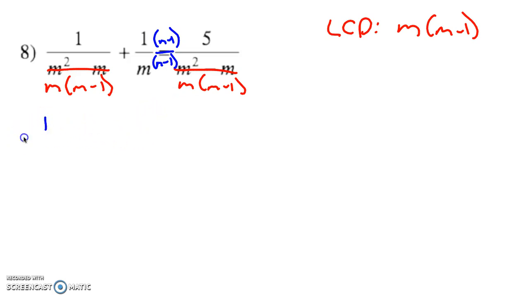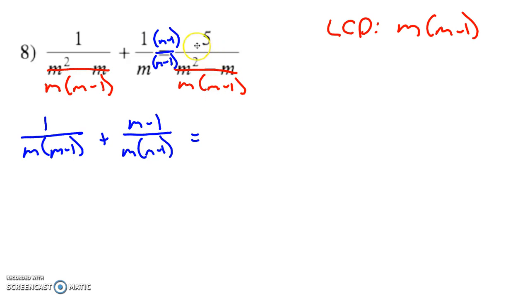This gives me 1 over m minus 1 plus, now remember here I multiplied, so I have an m minus 1 on top times 1, which doesn't change anything, and an m minus 1 on the bottom. And this is equal to, and the last one didn't change either, so I have 5 over m minus 1.